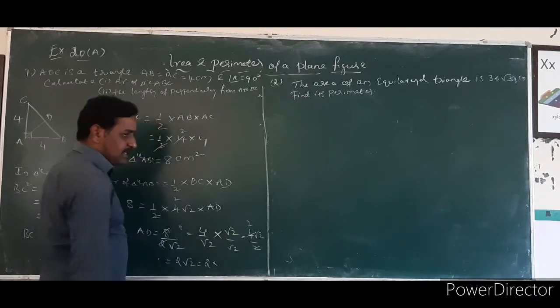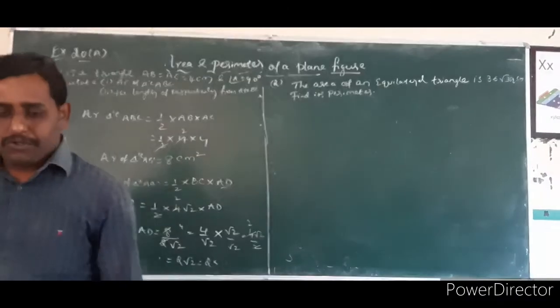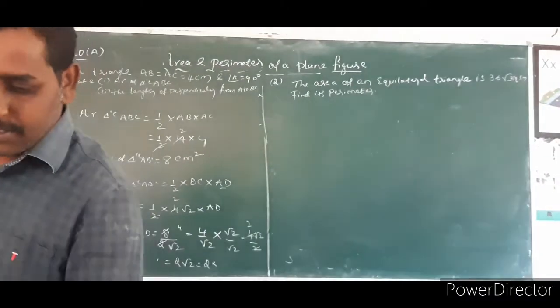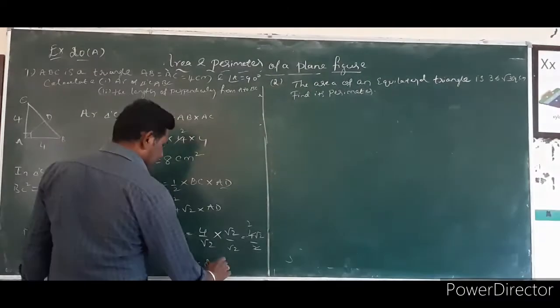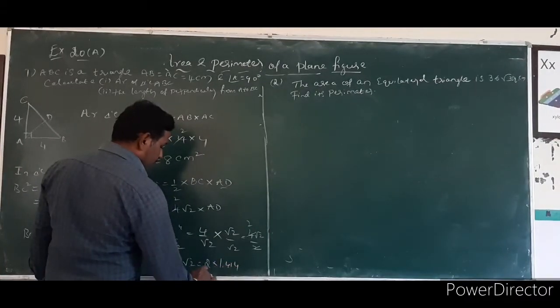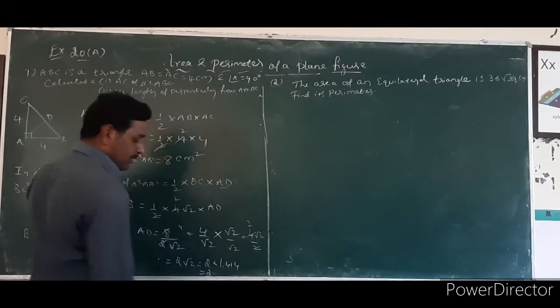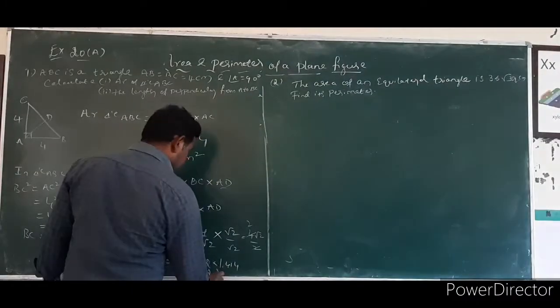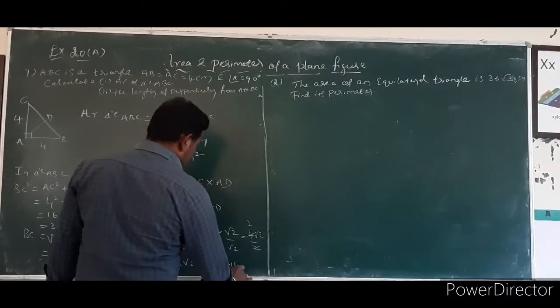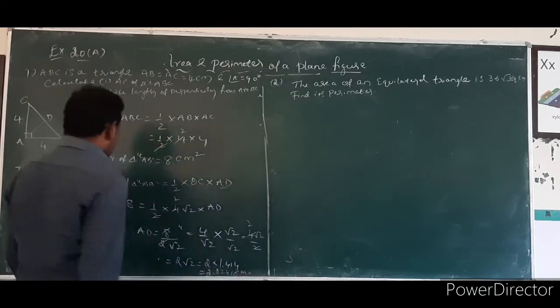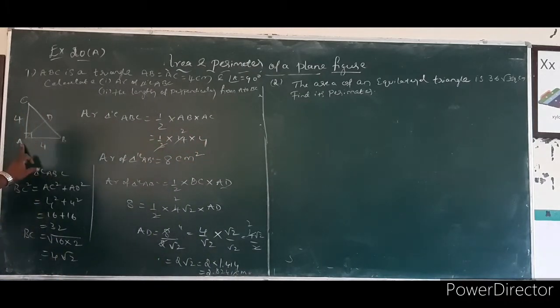If you want to change to decimal, root 2 value is 1.414, multiplied by 2, 2.828. Answer is 2.828 centimeter. That is AD, the length from base to the 90 degree vertex.